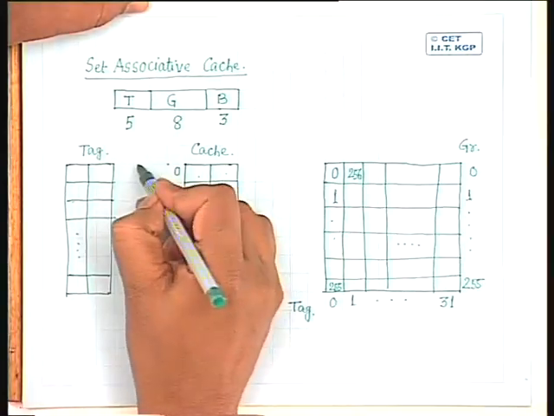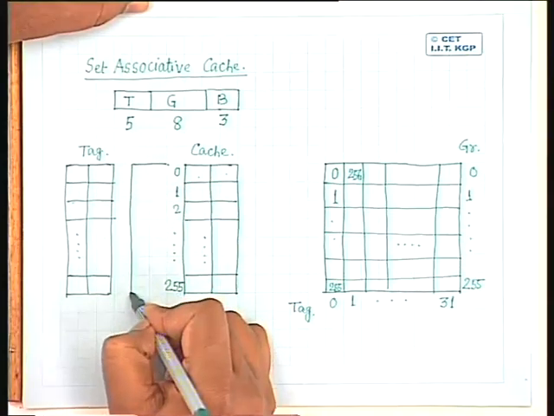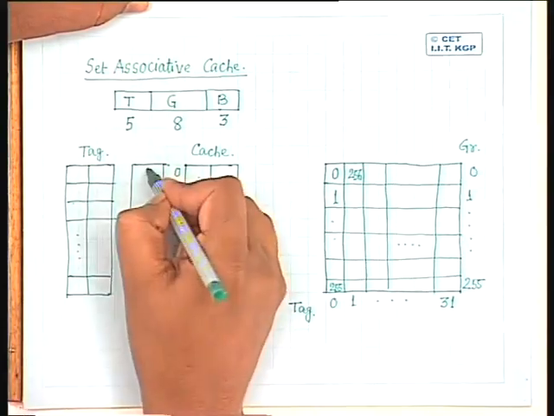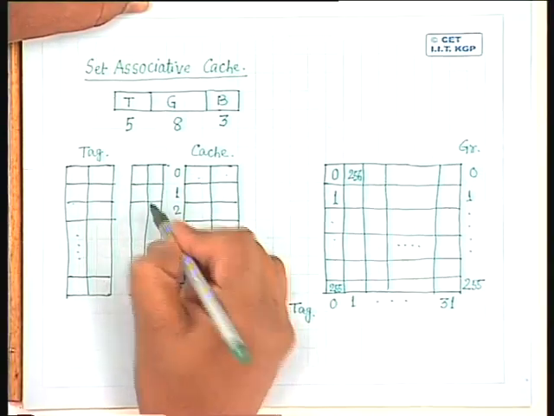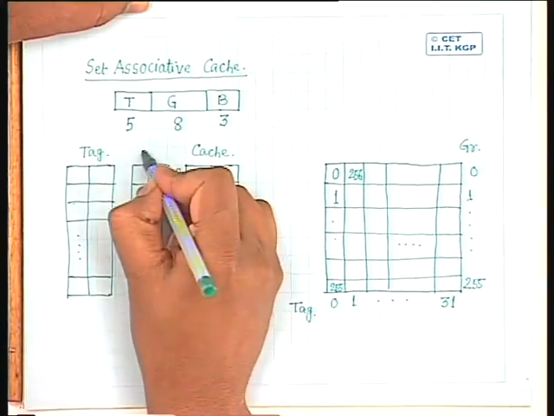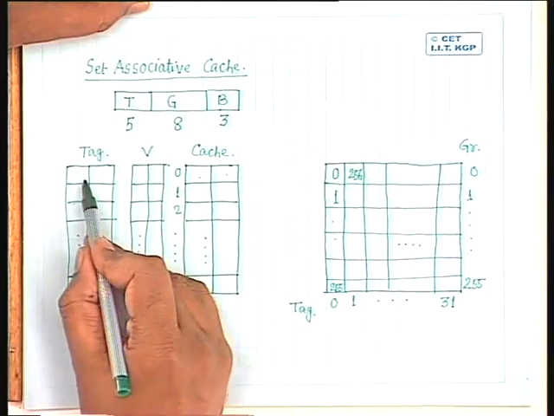In the same way, I will also have valid invalid bits. For every tag memory, I have to have a valid invalid bit. That means they will also be divided into similar sets, every set consisting of 2 valid invalid bits. Why will tag require these partitions?